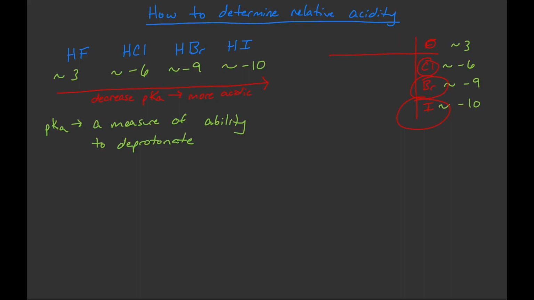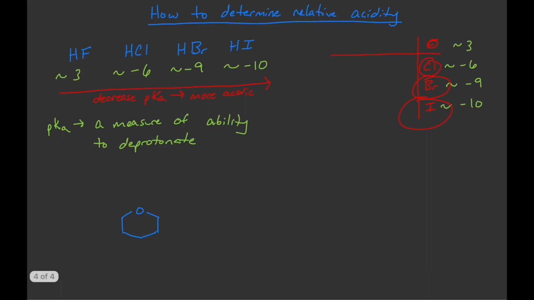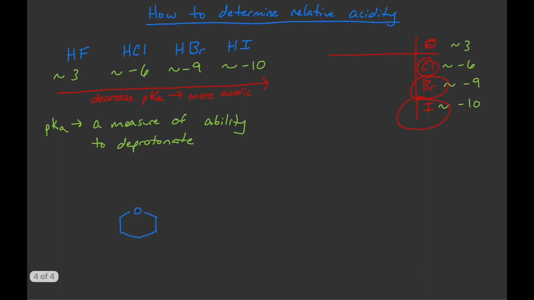Now if we take this knowledge and apply it to some organic compounds, let's take these four compounds. We'll do all ring structures. We'll do this compound, and this compound.